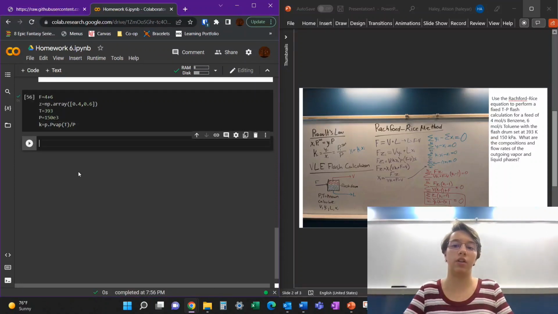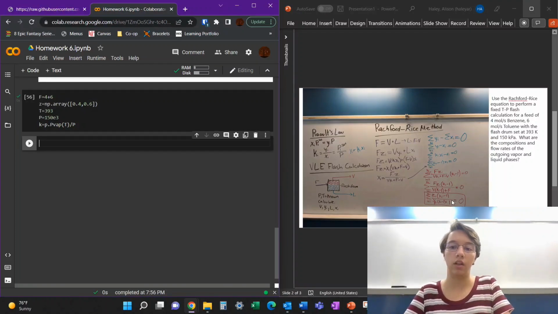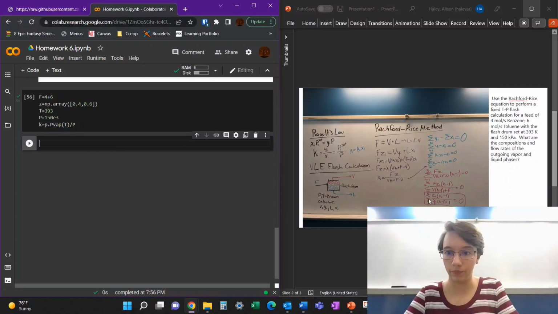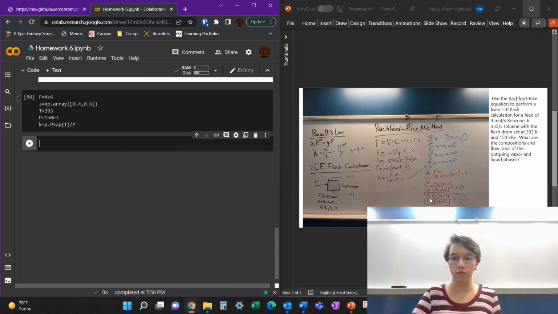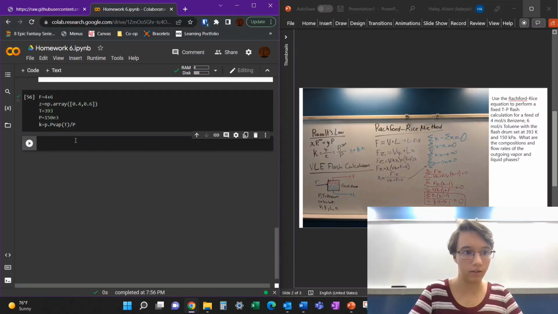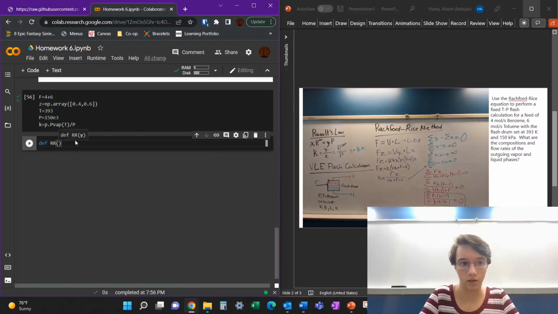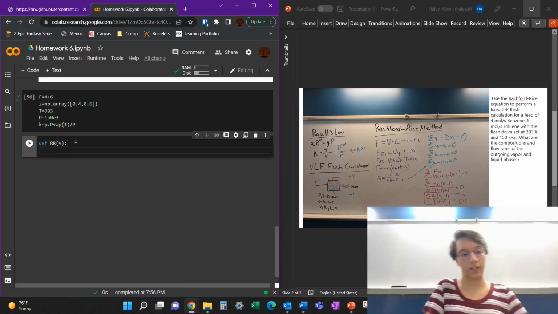Okay, so here are our knowns. Now let's create the function that is this equation, that we will then take the root solver and solve for the flow rate in the vapor phase. So we're going to want to define a function. We can call it RR for Rachford-Rice, and we'll want to input a vector because the root solver is looking for vectors.